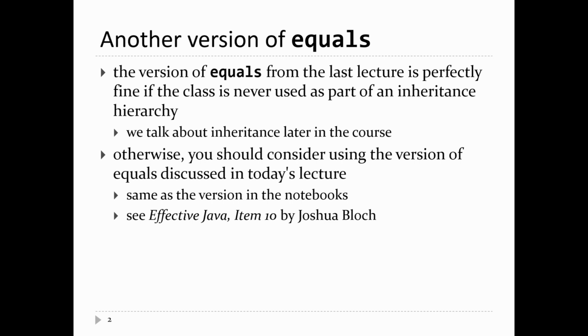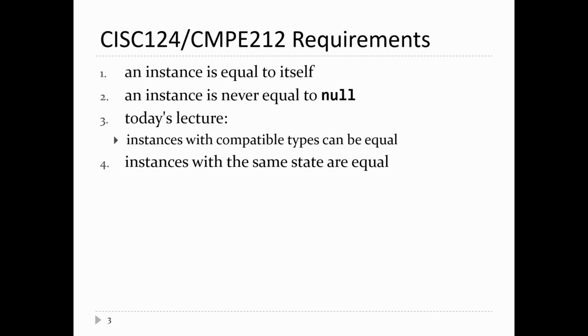The previous version of equals I told you about is correct if you don't care about inheritance. Now that we care about inheritance, we have a problem. We still have the same requirements. An instance is always equal to itself. An instance is never equal to null.